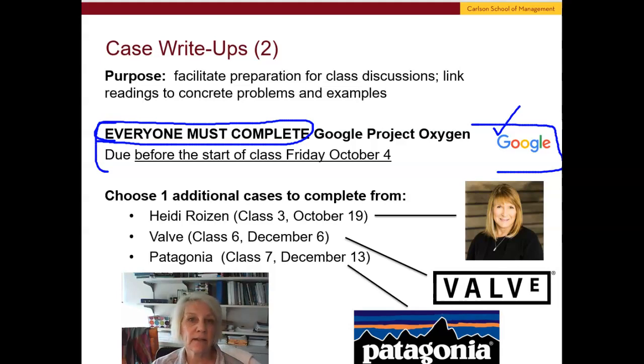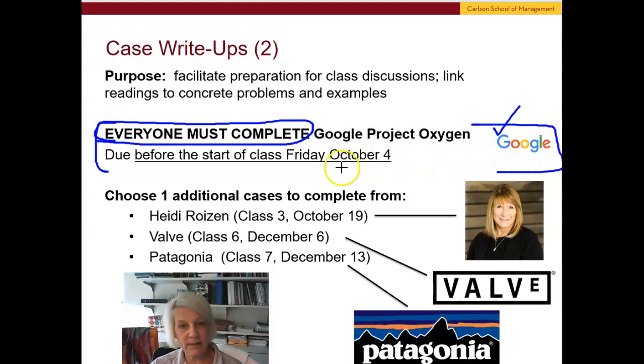And secondly, this allows me to get grading done so that every single student gets graded feedback at the same moment, a first round of feedback so that you all understand how we're evaluating your writing, your analysis, and case write-ups.